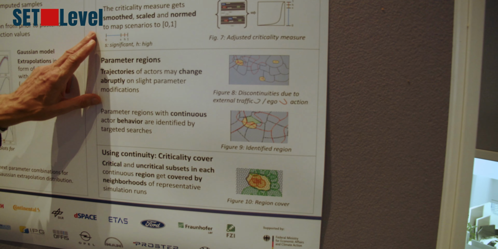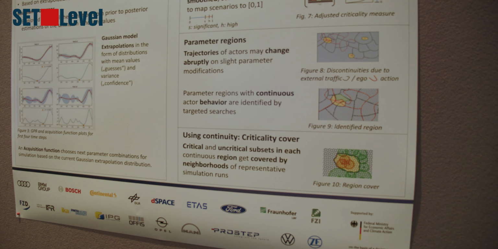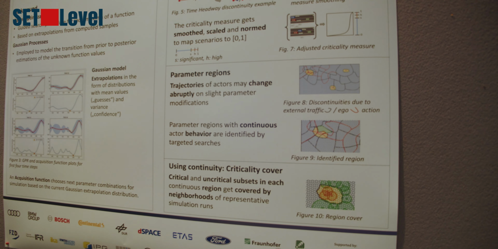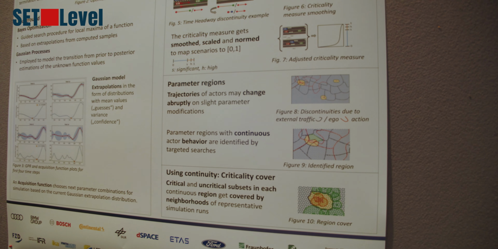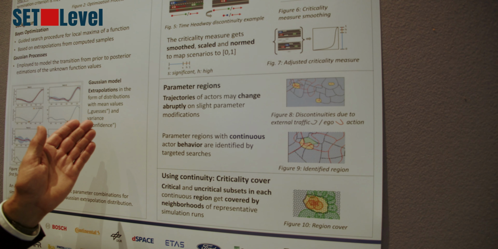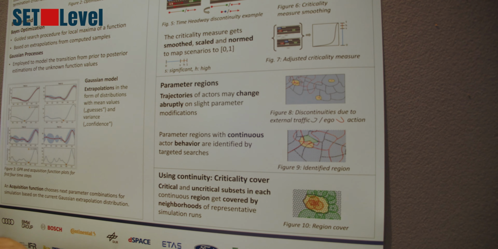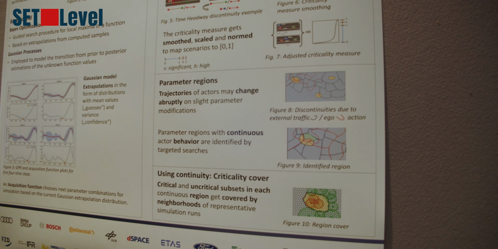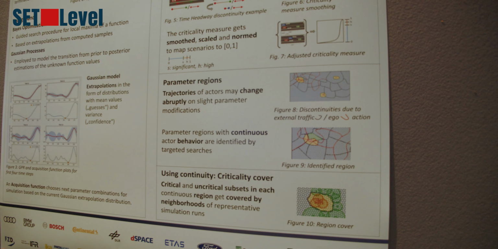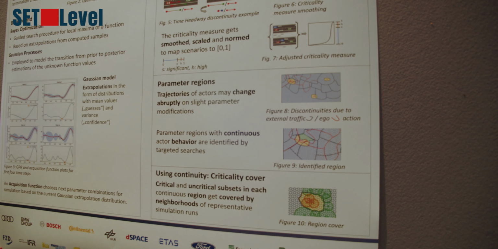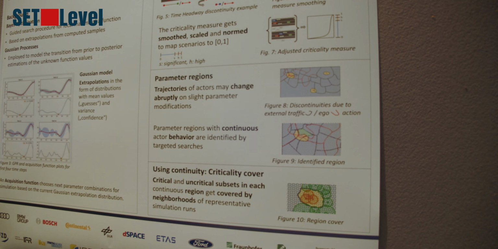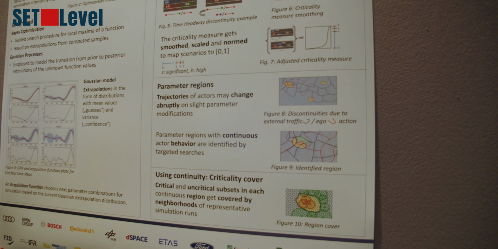Now, there remains one source of discontinuity, namely in the parameter space, where, for instance, if our car turns right somewhere and there's a pedestrian crossing the street, there are three outcomes. The car passes before the pedestrian, the car brakes and lets the pedestrian pass, or one thing we don't want to have, the car hits the pedestrian.